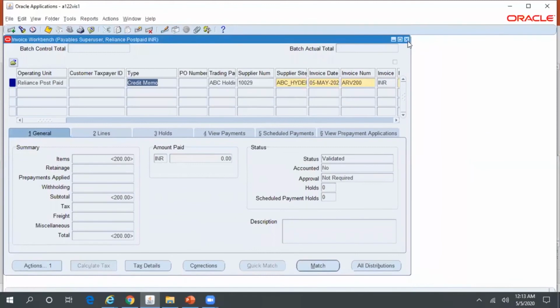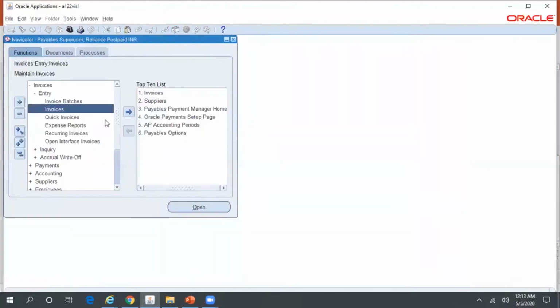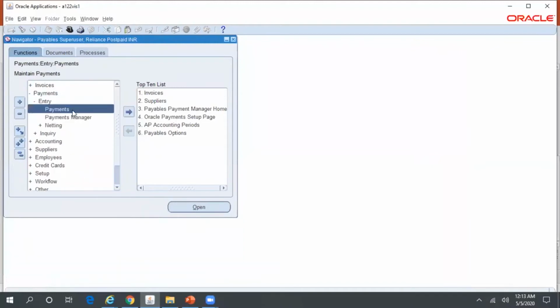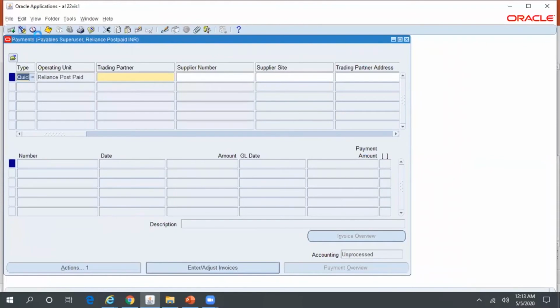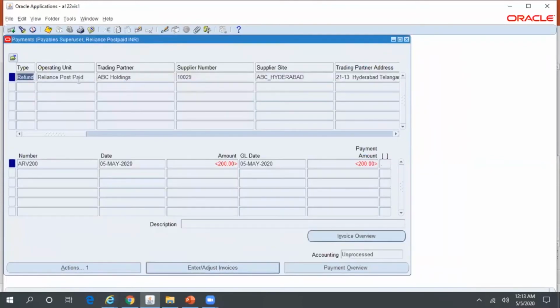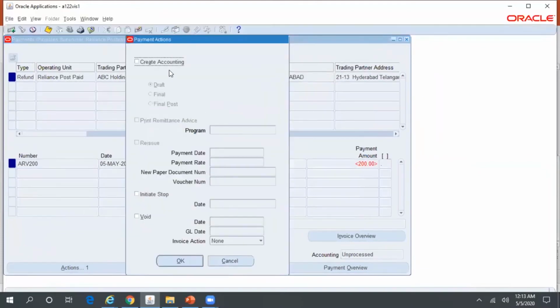Even though it says there's an internal error, ideally when I observed earlier, it was still creating the accounting entries. So let me double check. Requery the payment. Let me try again. Actions, Create Accounting.